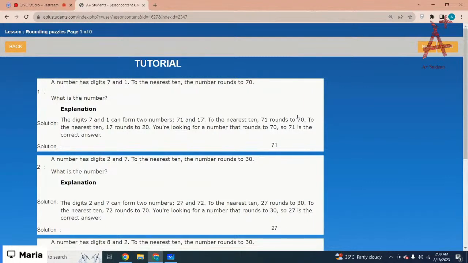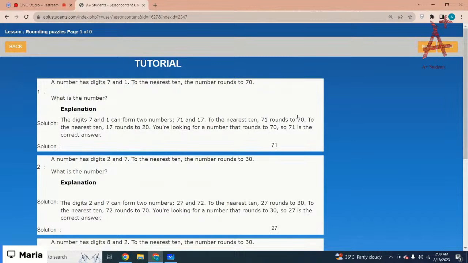Which two? 27 and 72. When you round off 27, it would be rounded to 30. And when you round off 72, it would be rounded to 70. So we are looking for a number that rounds to 30. So it would be 27, right?